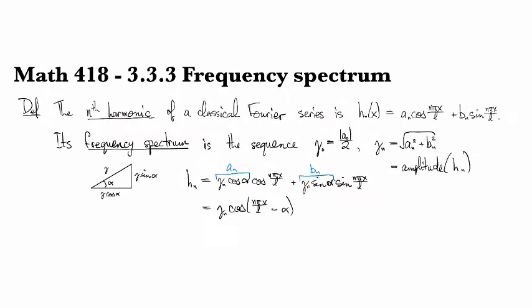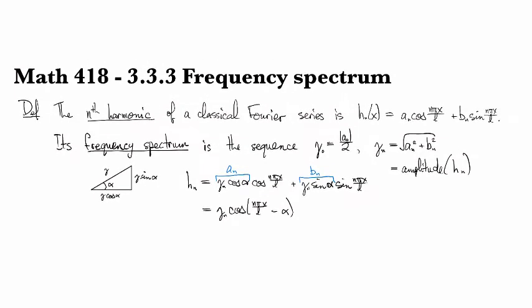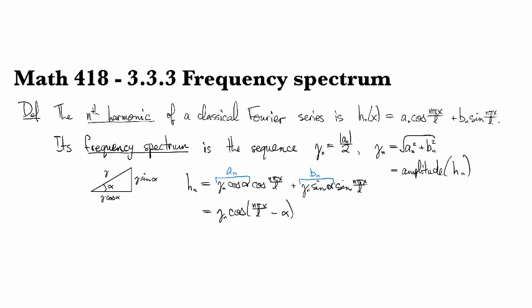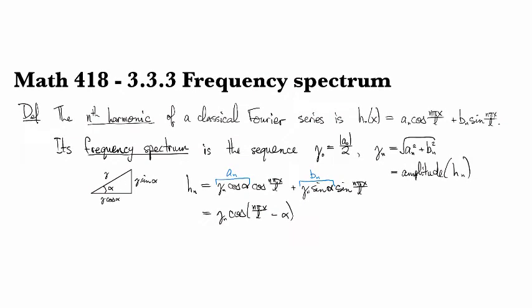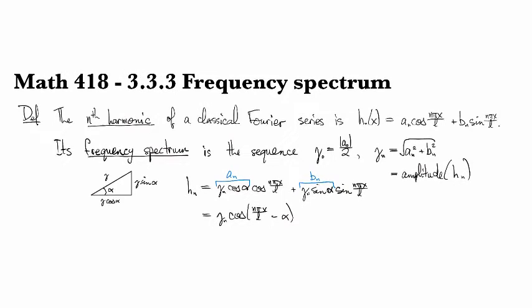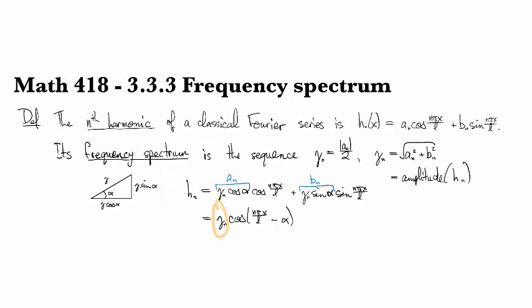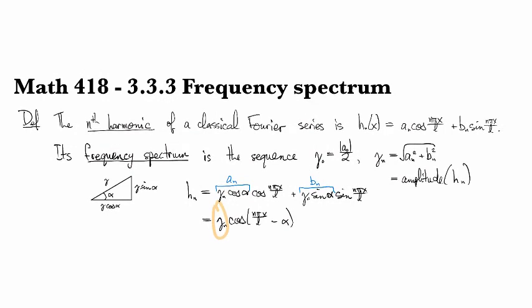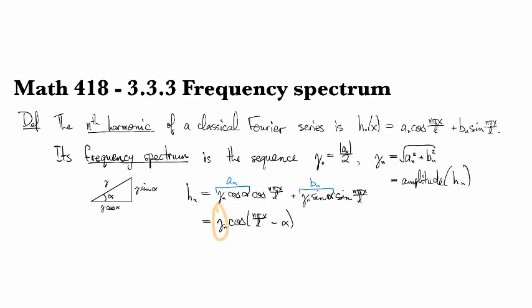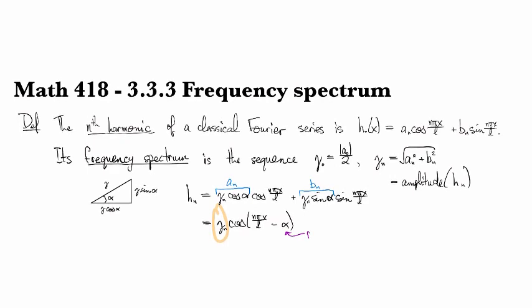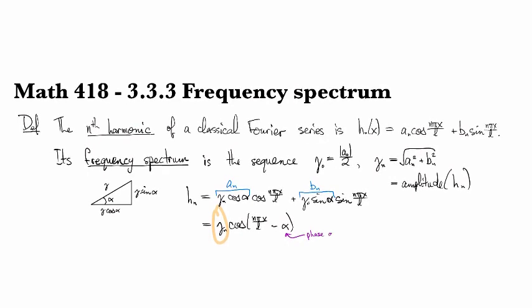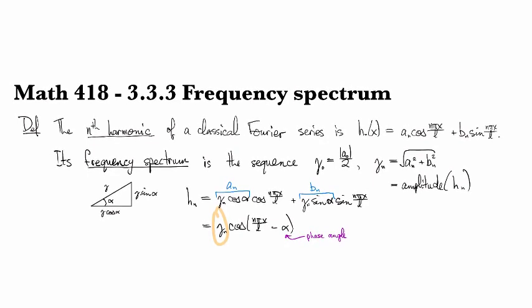And so this whole thing now, you can see the amplitude of this superposition of sine and cosine n pi x over L is given by this one here, right? So that's the terms of our frequency spectrum. And then we have this phase angle here, which is our shift or offset.